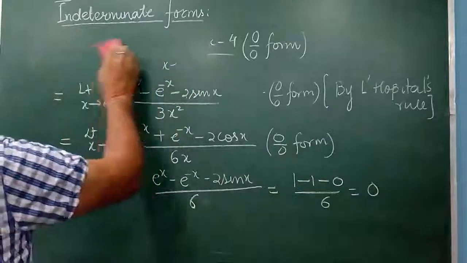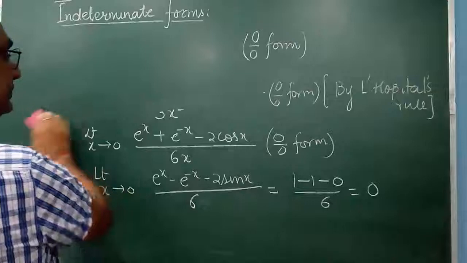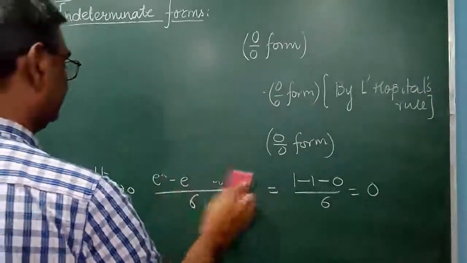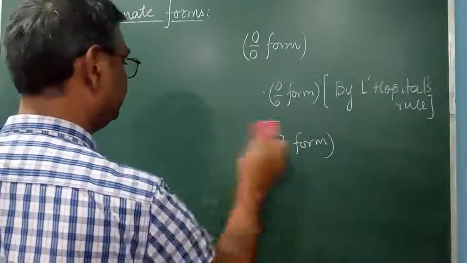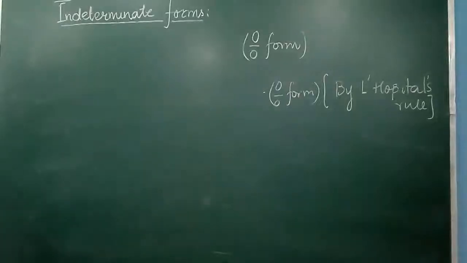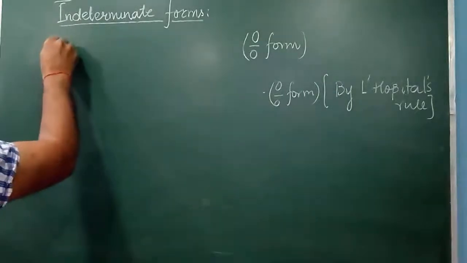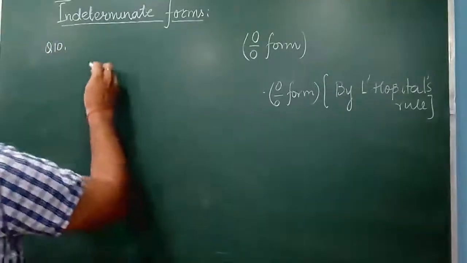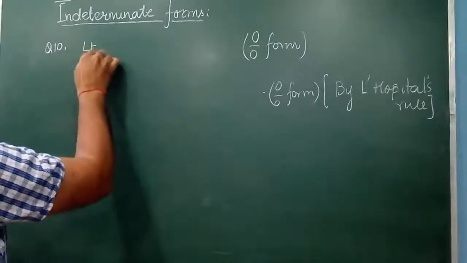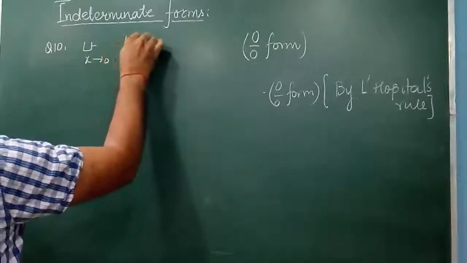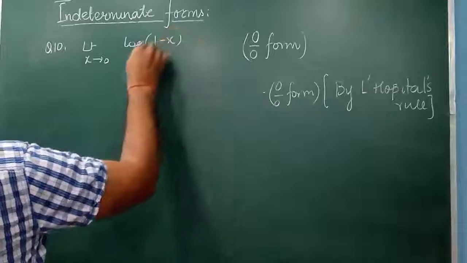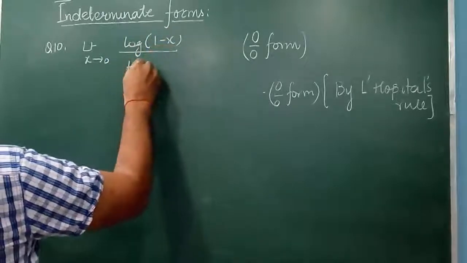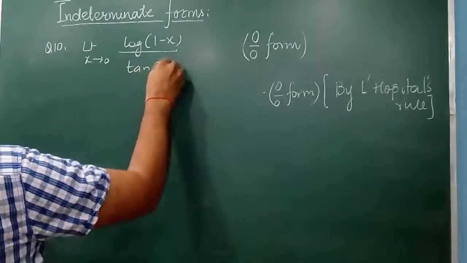Now see the 10th question. What is the 10th question? Limit x tending to 0 of log of 1 minus x upon tan of pi by 2 x.